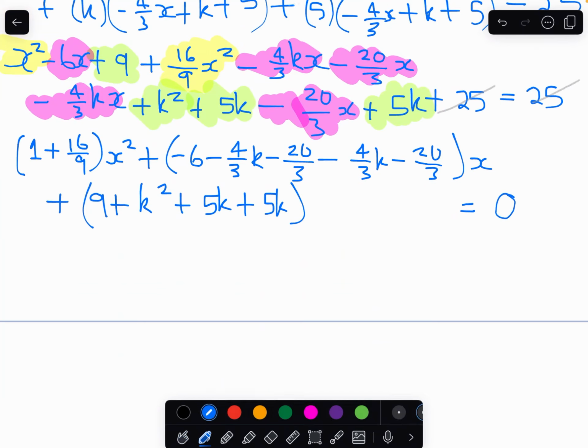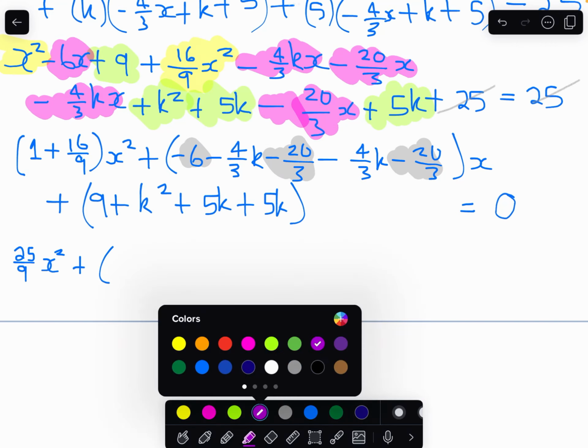Okay, right. So 1 plus 16 over 9 is 25 over 9 x squared. And then over here we now really look at like terms. So these are like terms, and I need a different color.